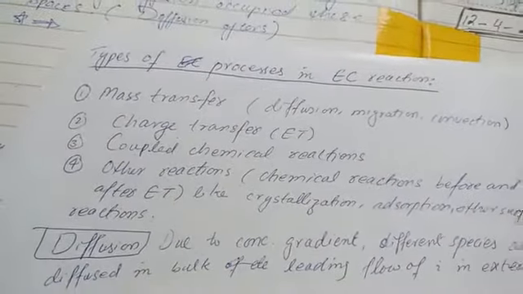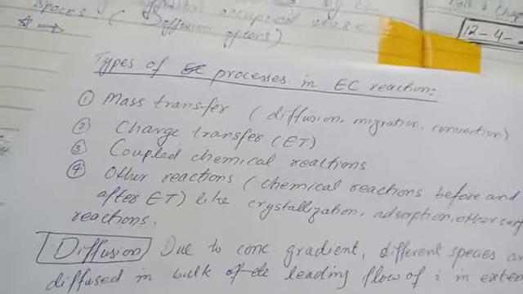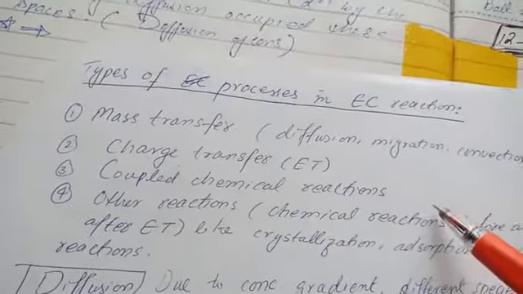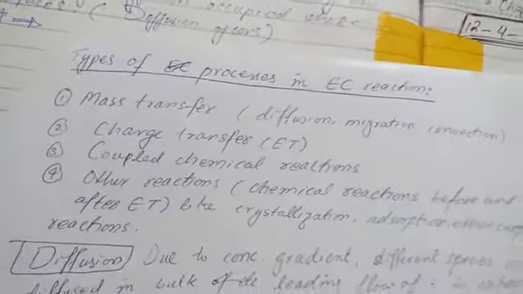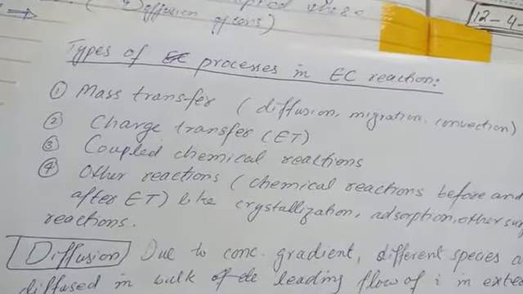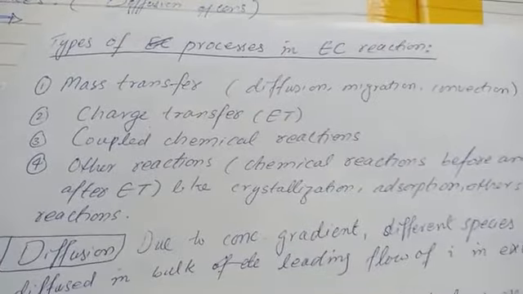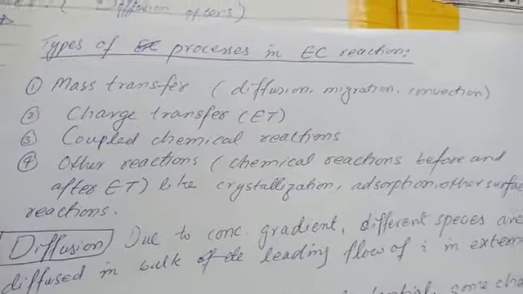Other reactions are coupled chemical reactions. They can be due to impurities. The impurities can produce other redox reactions, like if you have a solution of any electrolyte, it can have impurities of different metal ions.